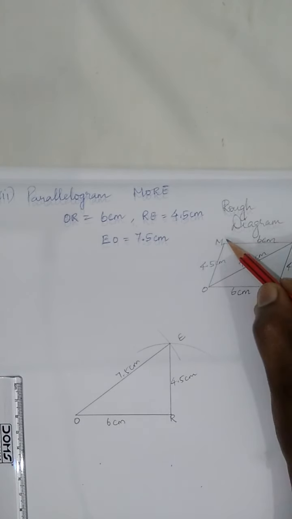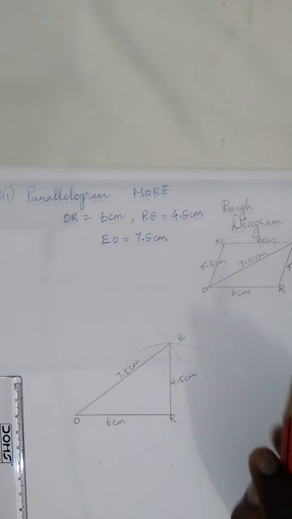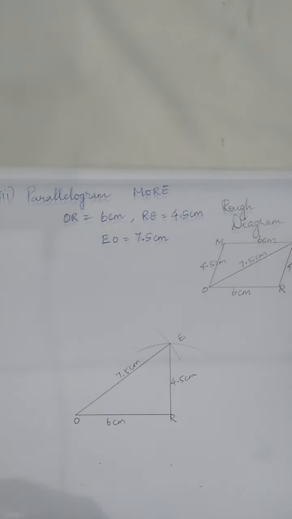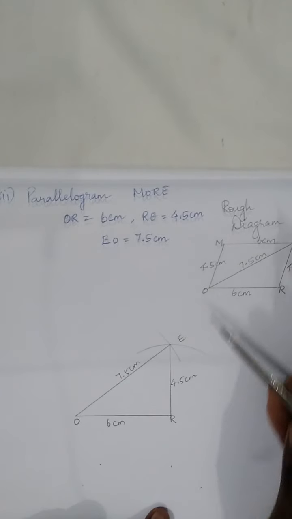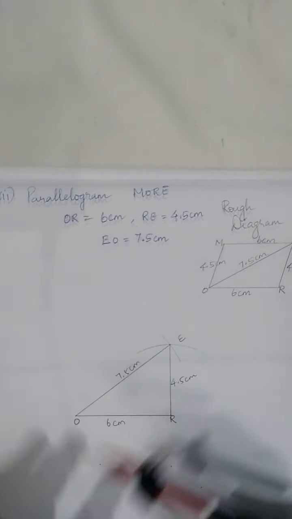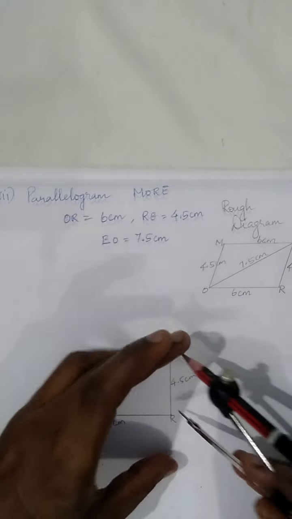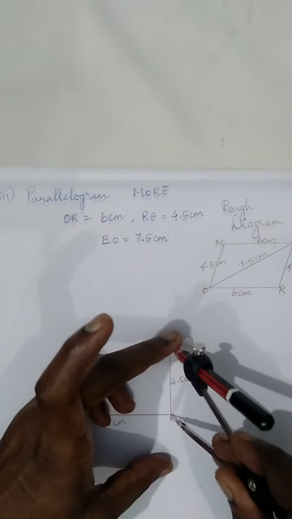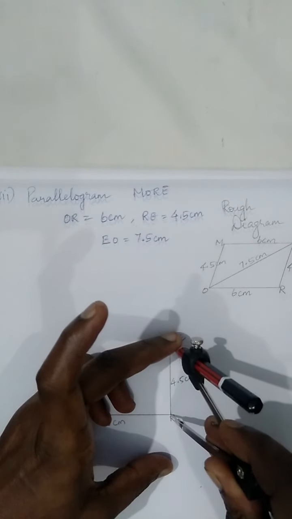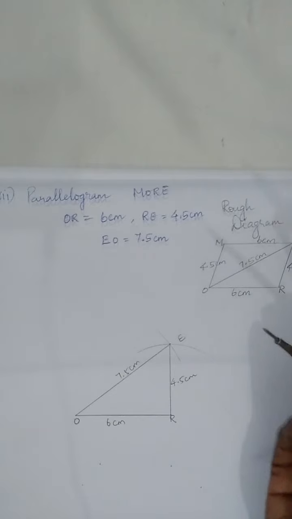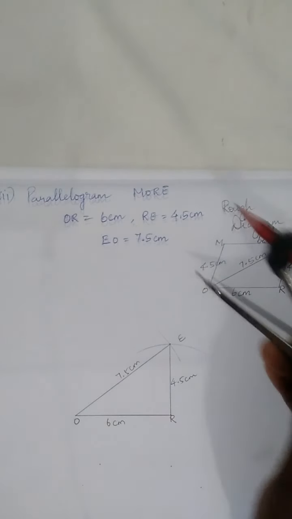So from O 4.5, then from E 6 centimeter. So what you can do, just you can copy, because OM is how much? 4.5. RE is 4.5. So let's copy, because it's a parallelogram. So RE 4.5 same as OM.